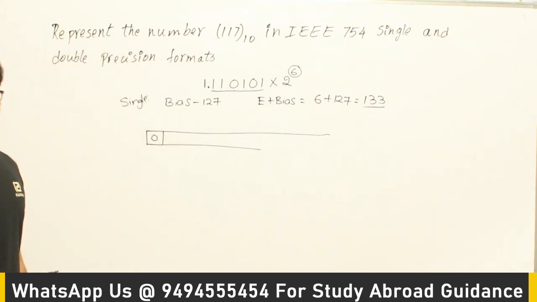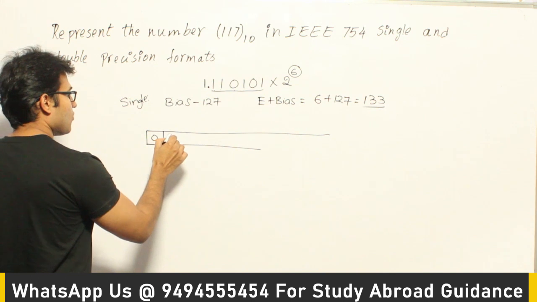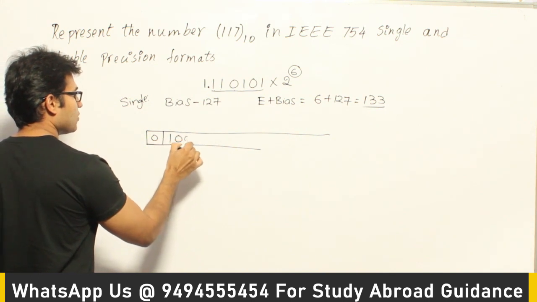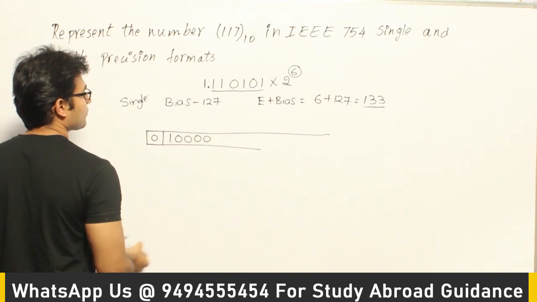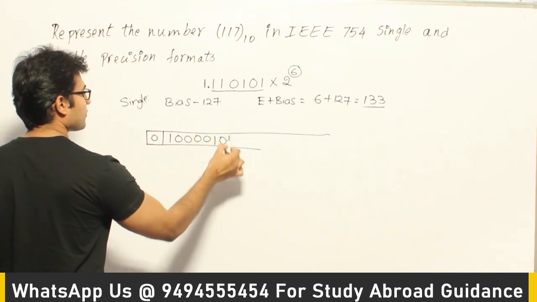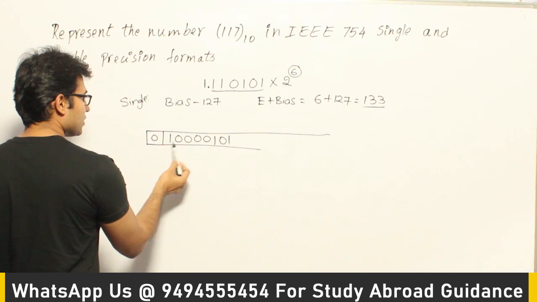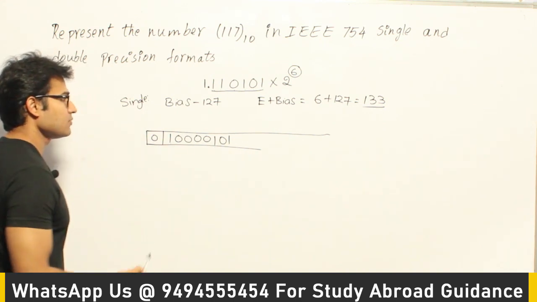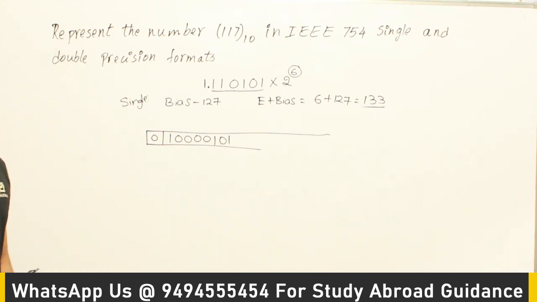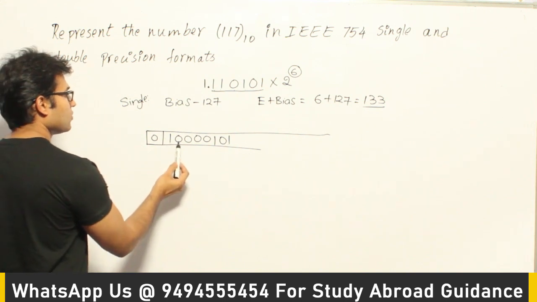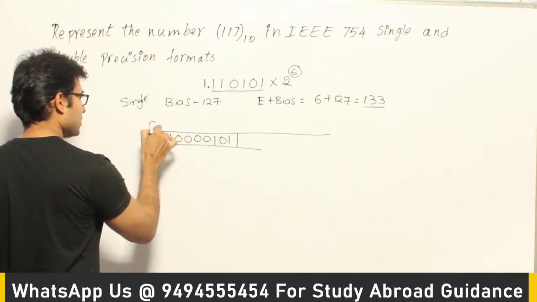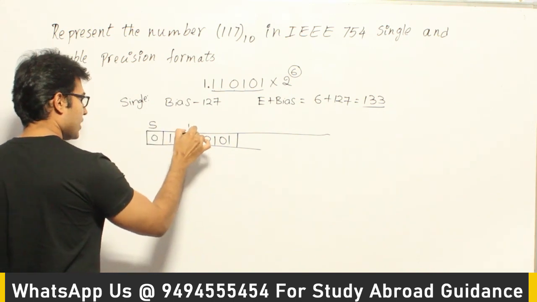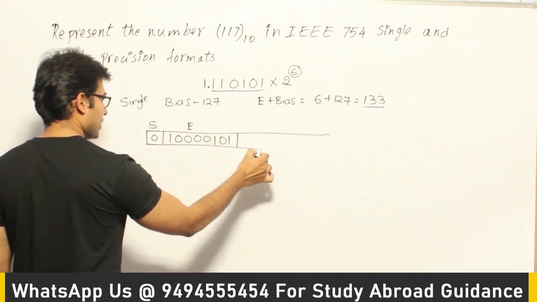So 133 in 8 bits: 1 followed by 1 2 3 4 followed by 101. So this is 128 followed by 5. 128 plus 5 is going to be 133. Got it? So 1 2 3 4 5 6 7 8. This is the sign bit and this is the exponent part.